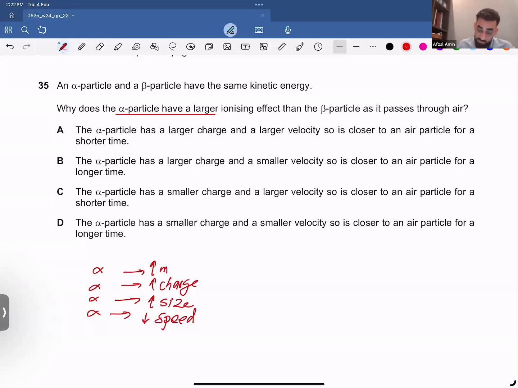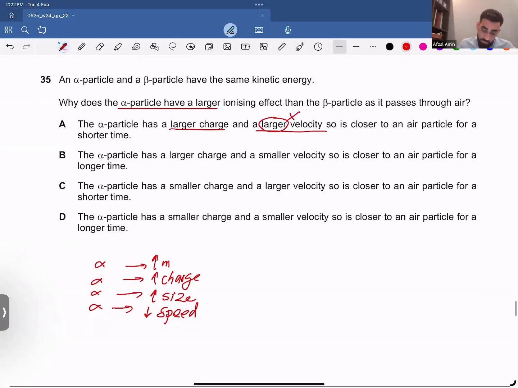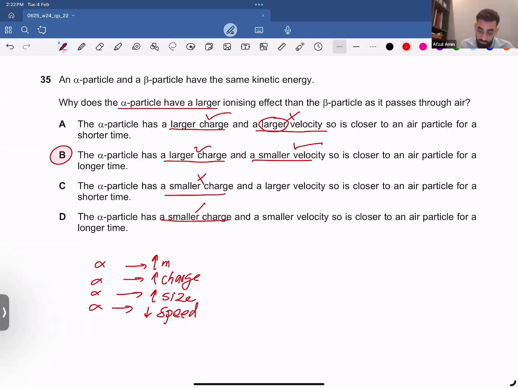Alpha has large charge, yes, and large velocity, no, it has small velocity. Large charge was right, but the velocity is wrong. Alpha has large charge, yes, smaller velocity, yes. C says small charge, no. So the option is B. We proceed to the next question, my dear students, which is question number 36.